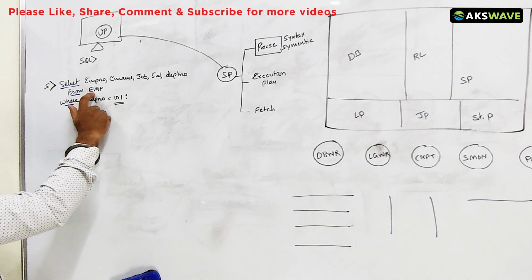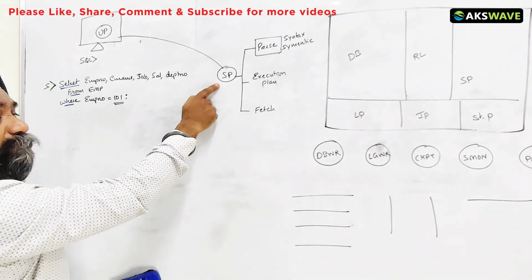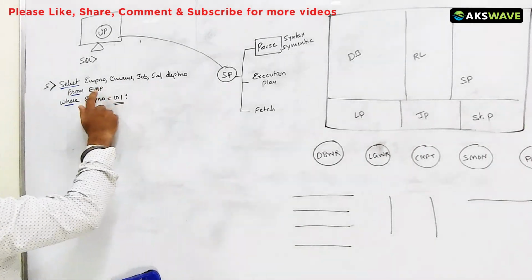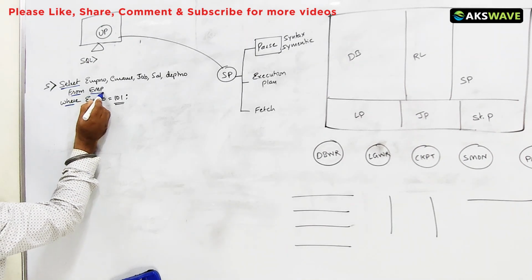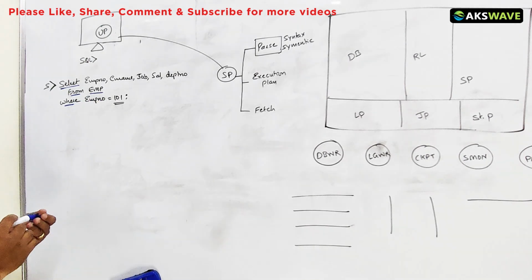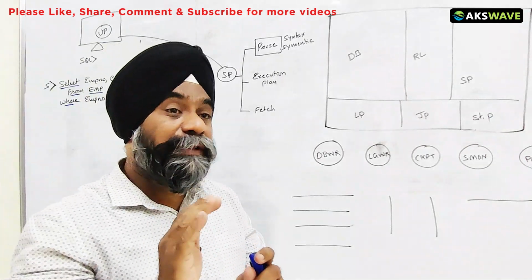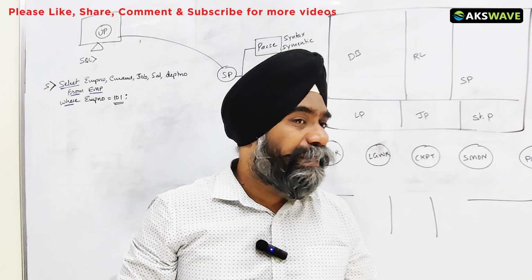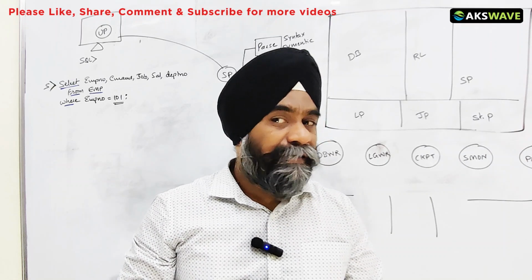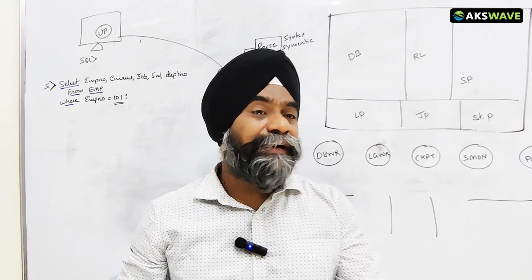Which table? EMP. Who is going to check? The server process will check now. Hey, do we have a table called EMP or not? If there is no EMP table, might be the table name is employee. What happens? What error do you get?